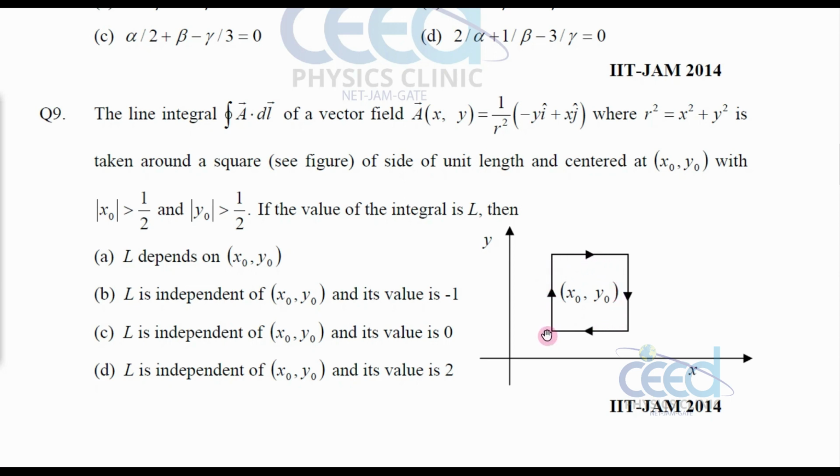This closed path I am considering is a square of side unit length, centered at (x0, y0), with x0 greater than 1 by 2 and y0 also greater than 1 by 2. If the value of the line integral is L, then suppose you calculate integral A dot dl using this function.